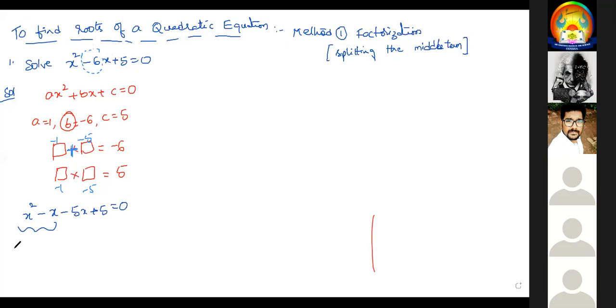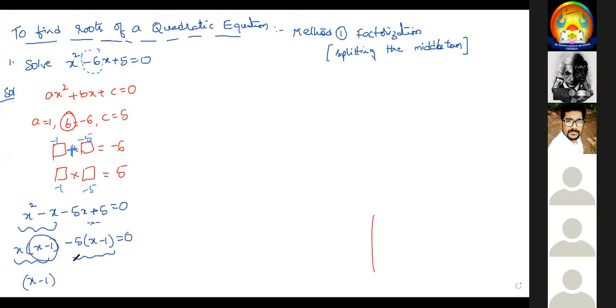Now among these two, take x common: x minus 1. Among these two, take 5 common, it becomes minus 5 into x minus 1, equal to 0. Again, from these two terms, x minus 1 is common.